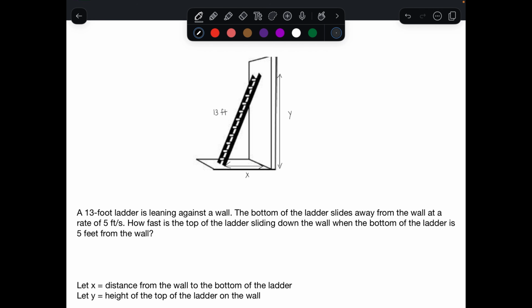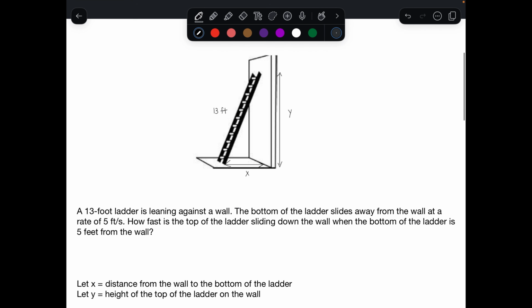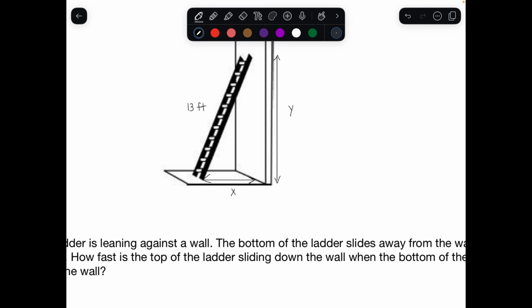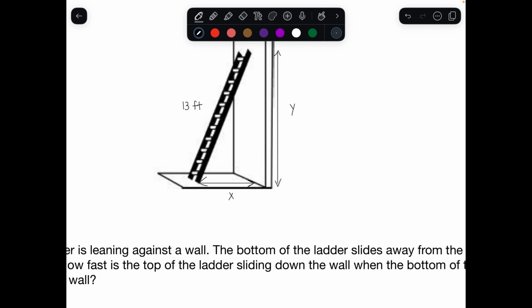Going back to this problem, let's see what the question is asking. The question is asking how fast is the top of the ladder sliding down the wall when the bottom of the ladder is 5 feet from the wall. So what that immediately indicates to me is it's asking how fast is y changing, right?